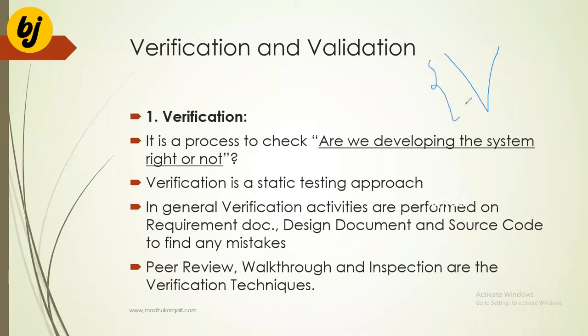Whatever reviews we do up to the coding level all come under verification activities. After coding, whatever testing activities are there, like unit testing, integration testing, system testing, and user acceptance testing, come under validation activities.